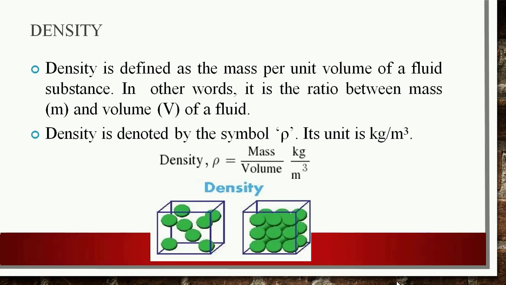Mass is represented by M and volume is represented by V. The density is denoted by the symbol rho, and its unit is kilogram per meter cube in MKS. In CGS, the unit will be gram per centimeter cube. 1 gram per centimeter cube is equal to 1000 kilograms per meter cube. So we can say that the density of water is 1000 kilograms per meter cube.